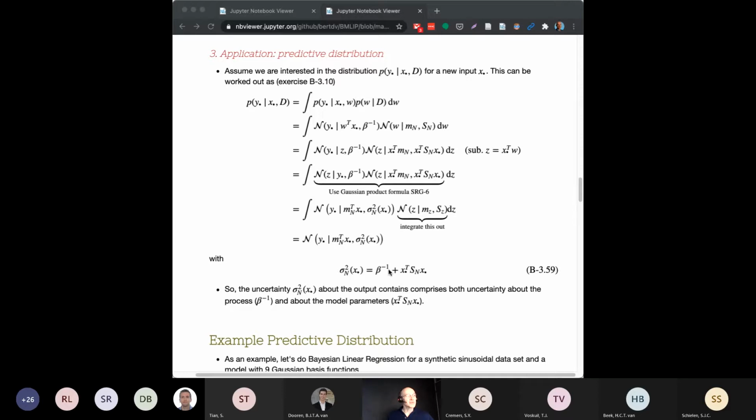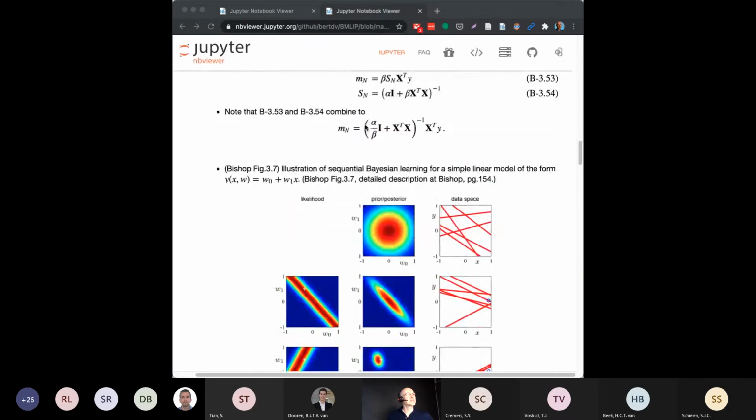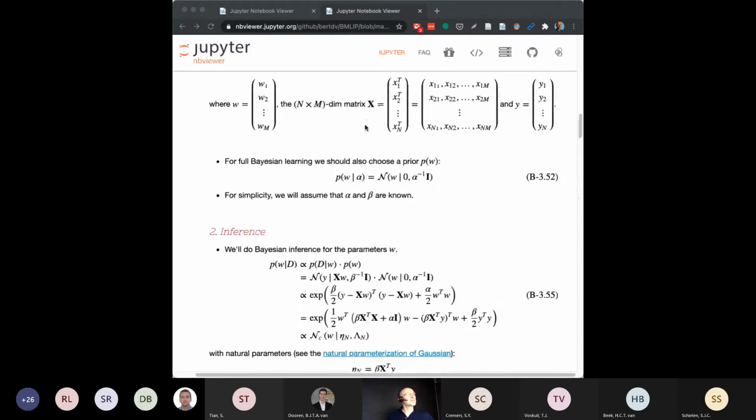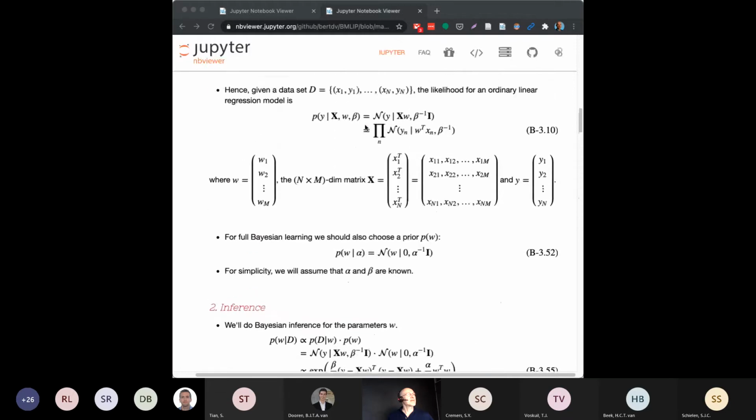That uncertainty is due to, there's a factor beta minus 1. This was the process noise. This was, let's say, my model error, right? When I made my model, I'm saying the prediction of W times X is going to be a predictor for Y, but it's not going to be precise.